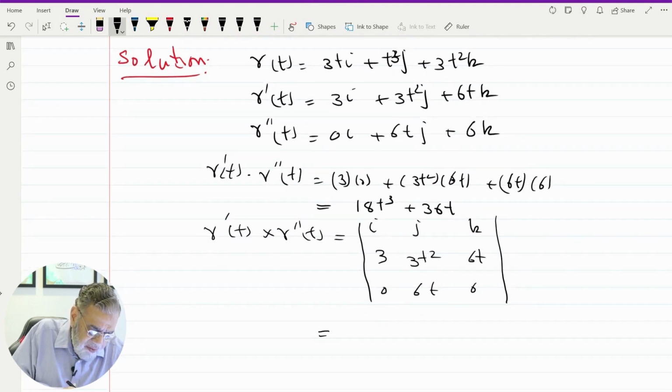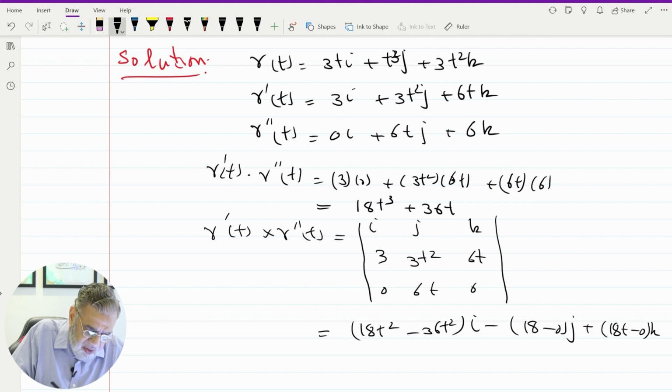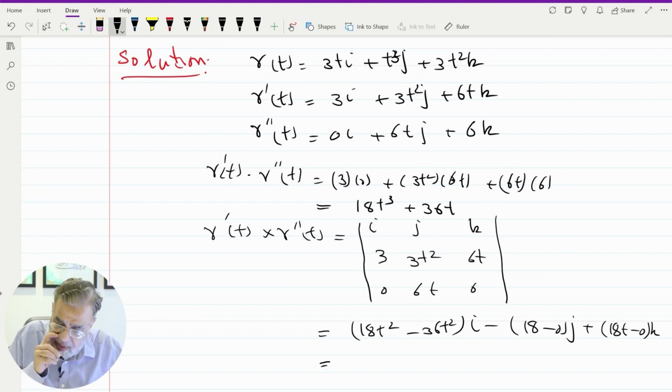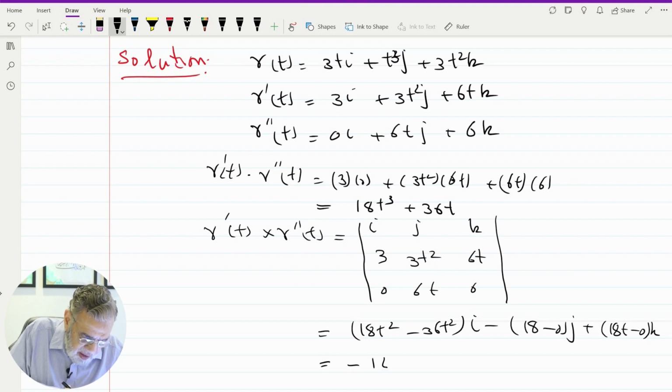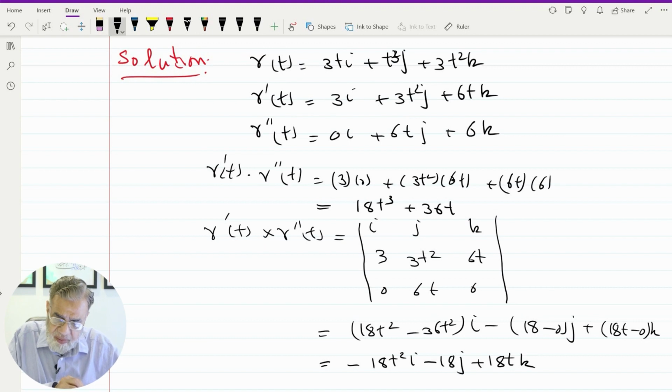The i component is 18t squared minus 36t squared, then minus j times 18 minus 0, then with k we have 18t minus 0. Simplifying, we get minus 18t squared i minus 18j plus 18t k. So this is the cross product of my functions.